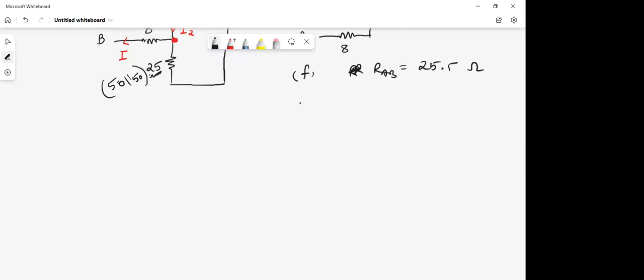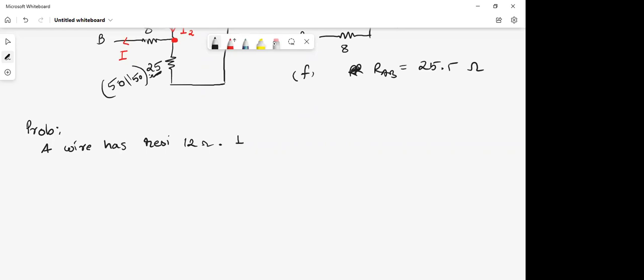A wire has a resistance of 12 ohms. Okay, full stop.